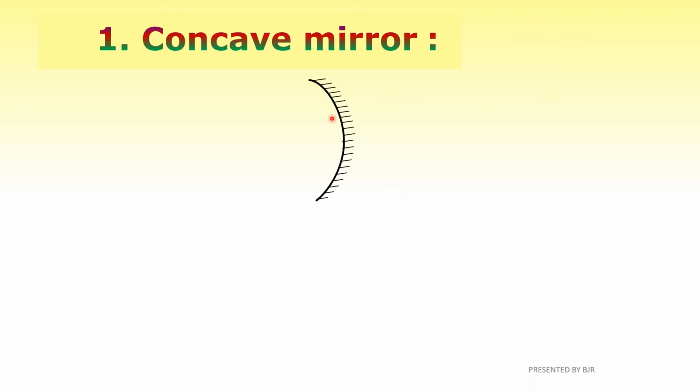So this is the concave mirror, and this one is the reflecting surface, and this outer side is the rough surface or silver painting has been done outer side.